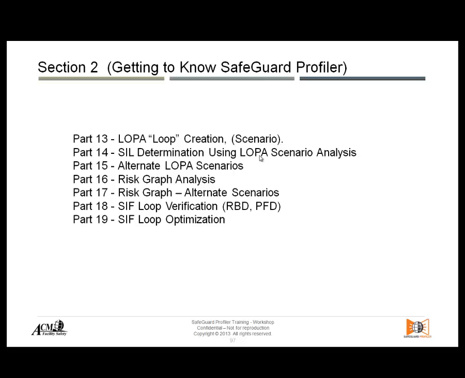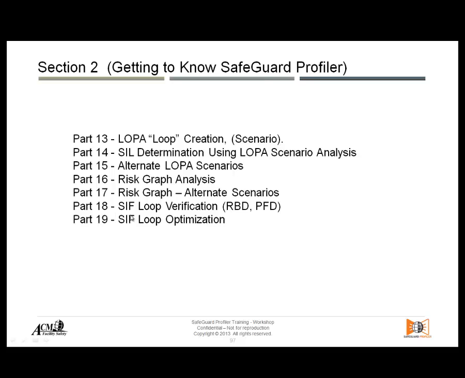I will solve that scenario first using the layer protection analysis methodology, and later on I will solve the same scenario using the risk graph methodology, or risk graph technique. In both places there are also going to be videos on creating different scenarios, what we call alternate scenarios, of each master scenario that was created before.